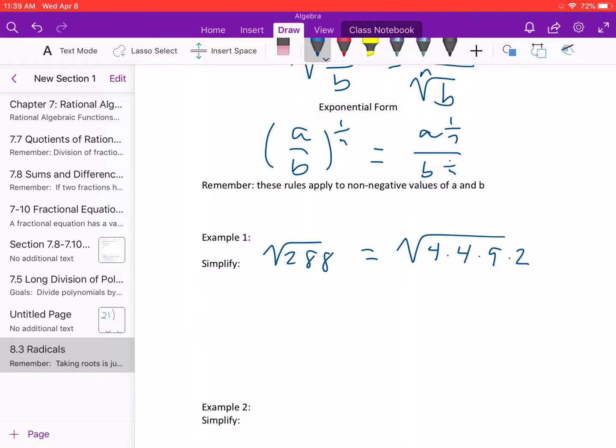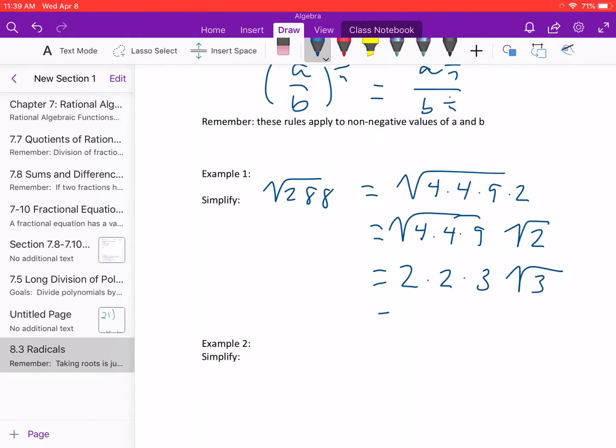So this ends up being the square root of 4 times 9, all times the square root of 2. And those square roots are 2 times 2 times 3 times radical 2. When this is simplified, it's 12 times the square root of 2.